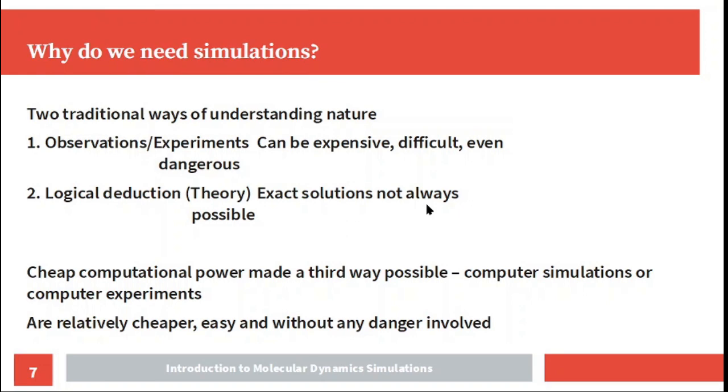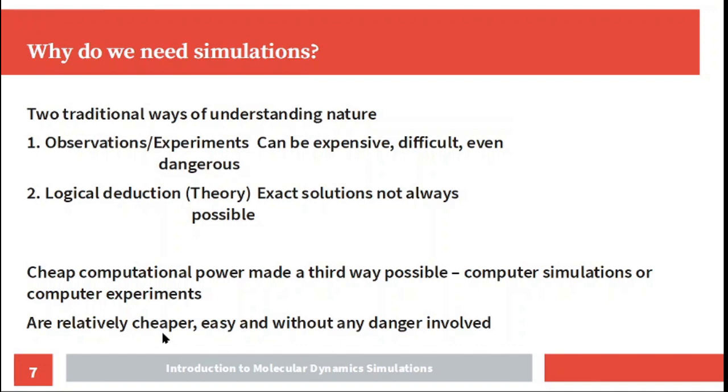Since the second half of the last century, there has been a great computational power made available, and this has made a third way possible, that of computer simulations or computer experiments. These are relatively cheaper. You just have to have a computing machine, you can have a laptop or a desktop.